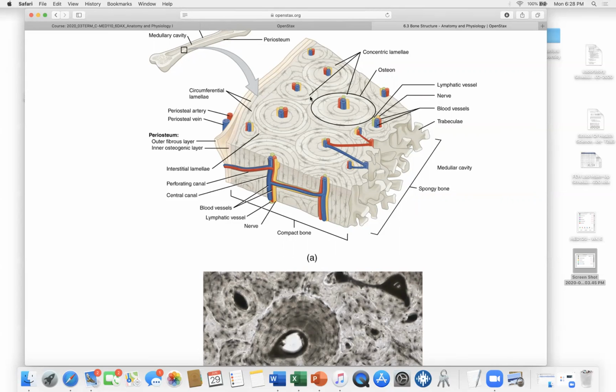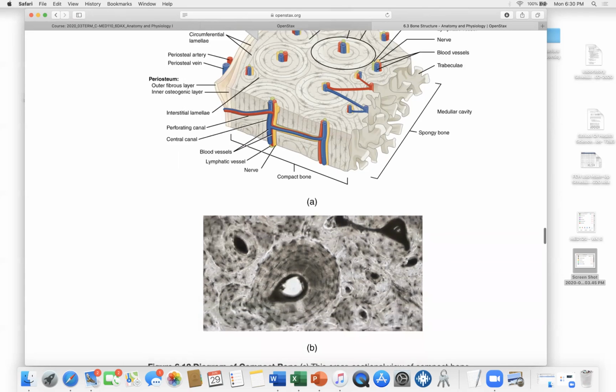And then you can see the difference between spongy bone, which has a lot of spaces, and the compact bone, which doesn't have a lot of spaces, but it's got a lot of layers. And remember what I said, you put all these layers together, you bind them up, and it makes for a very light and a very strong structure.